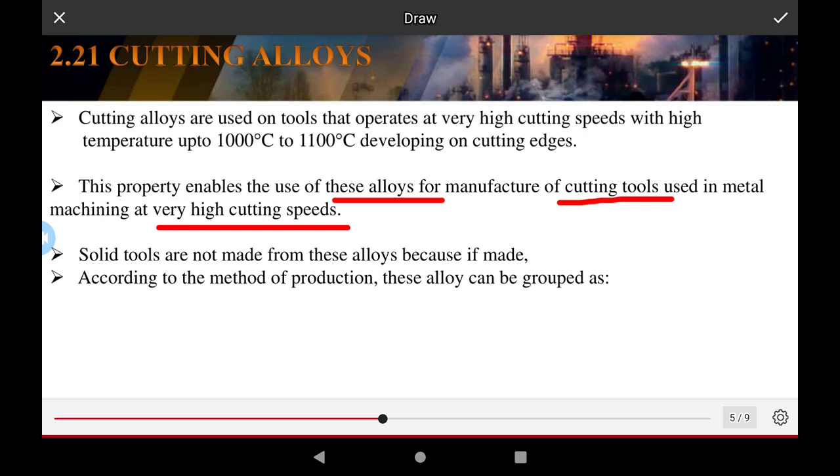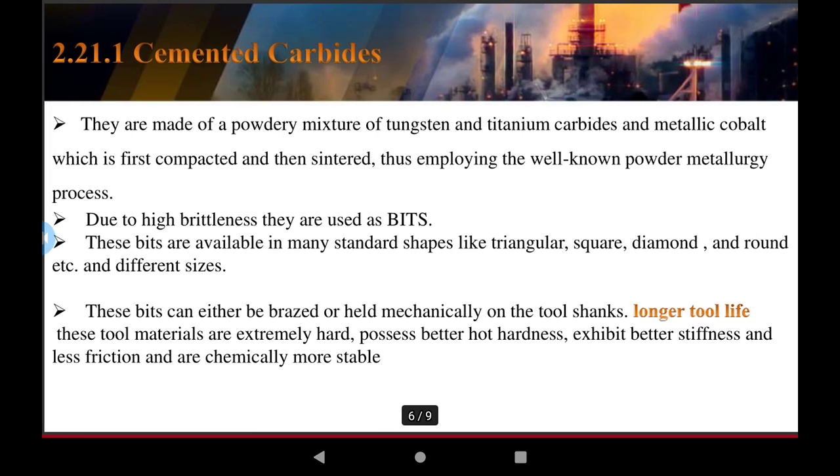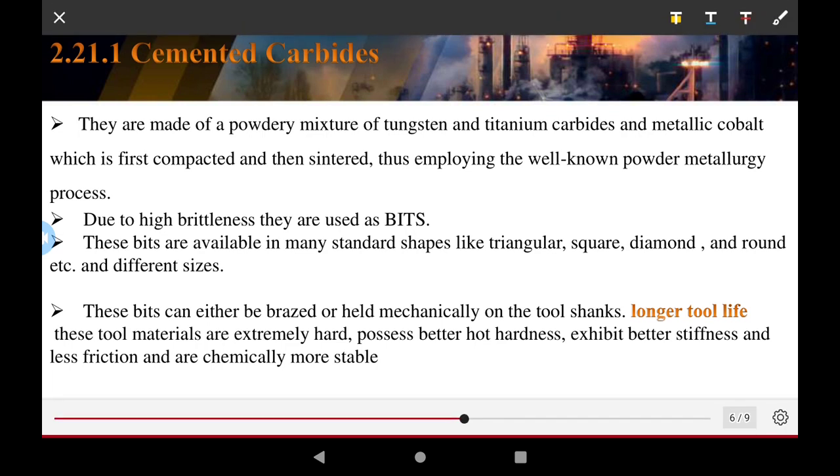According to the methods of production, an alloy can be graded as cemented carbides. Cemented carbides are made of powdered tungsten, titanium carbides, and metallic cobalt.